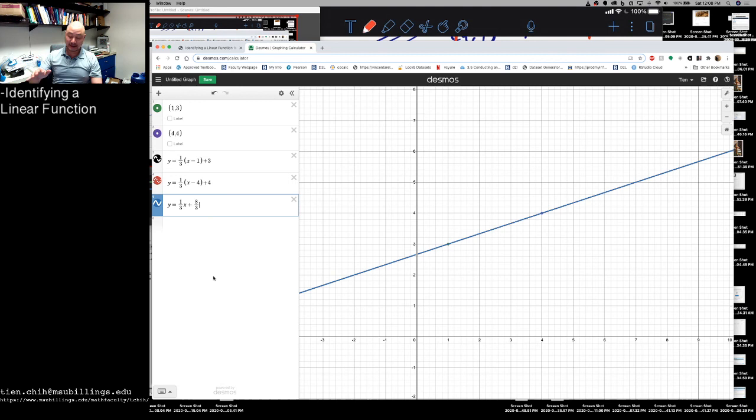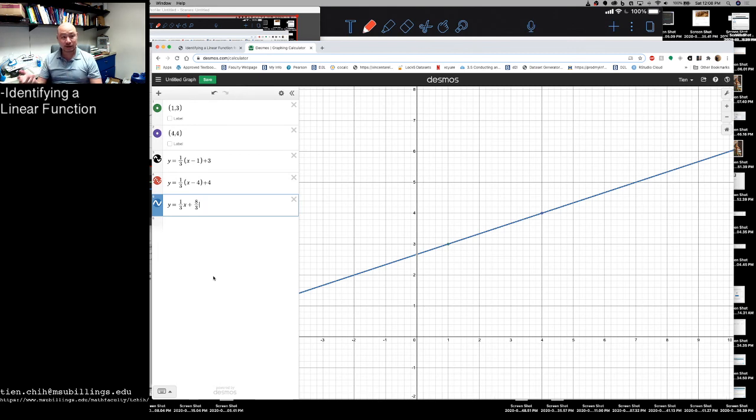So to summarize, all the information you need to define a linear function is either a point and a slope or 2 points. If you have a point and a slope, then your strategy to find your line is to use the point slope form, which is one possible strategy.